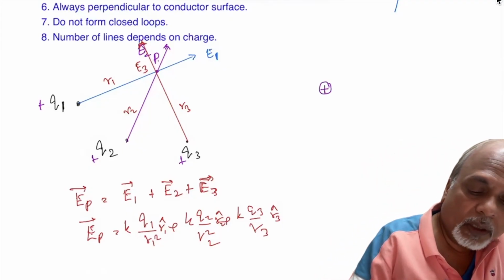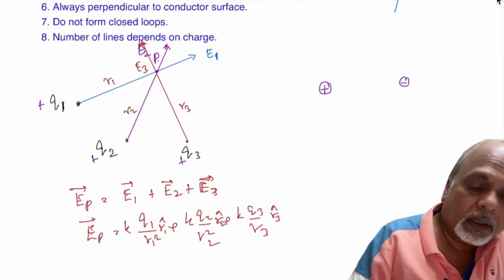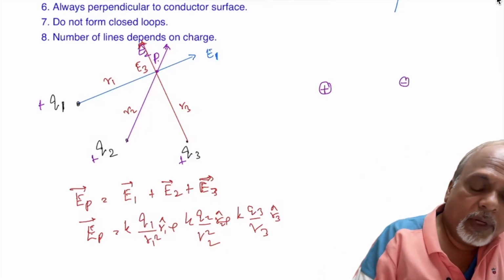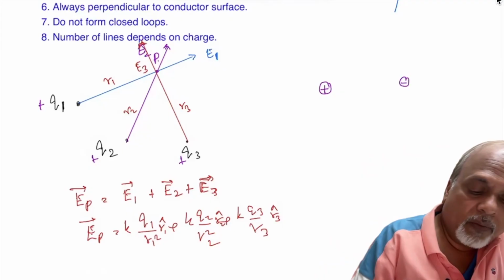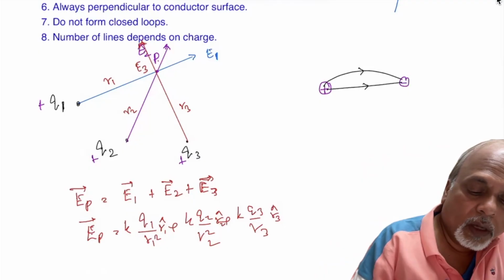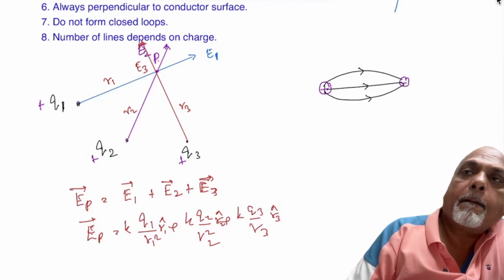This is positive charge. This is negative charge. Then electric field lines will be like this. They will emanate from positive charge. They will end on the negative charge. Correct.